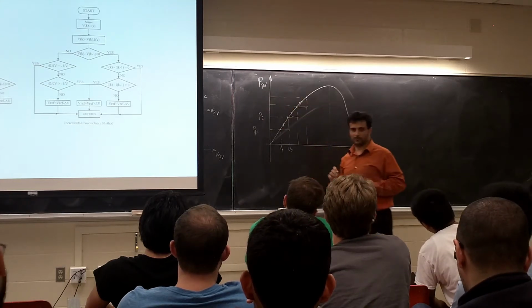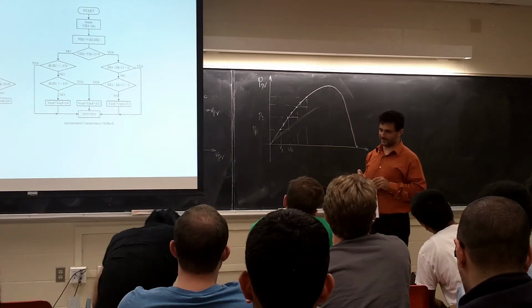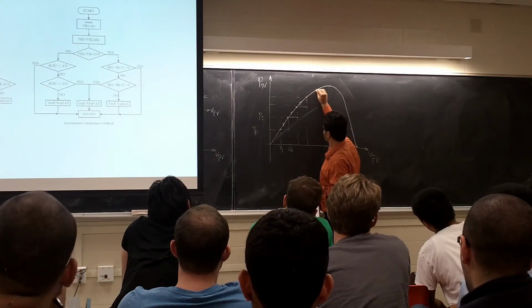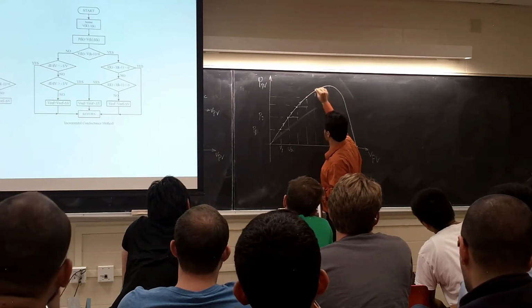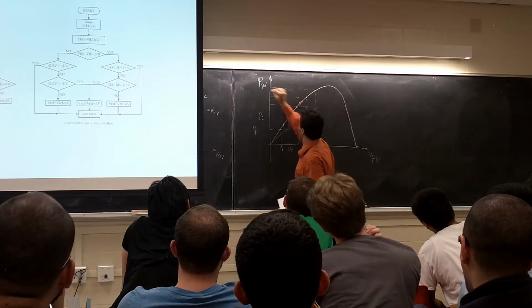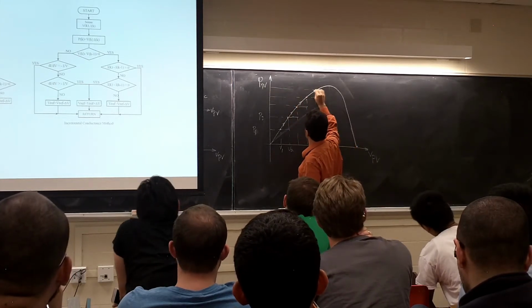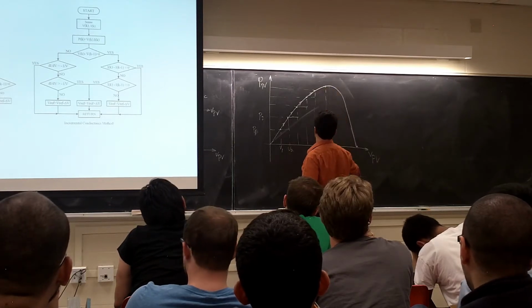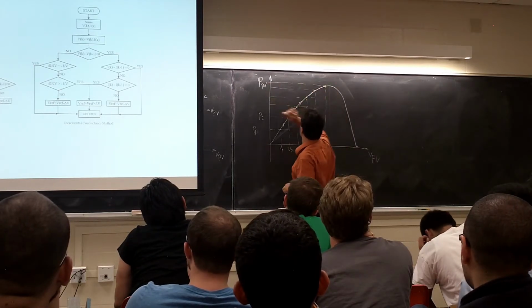I'm just going to write the steps for this one, but you go to the next step. I'm going to go a little faster to get to the peak. This is the next one, and the next one is going to be here, right?